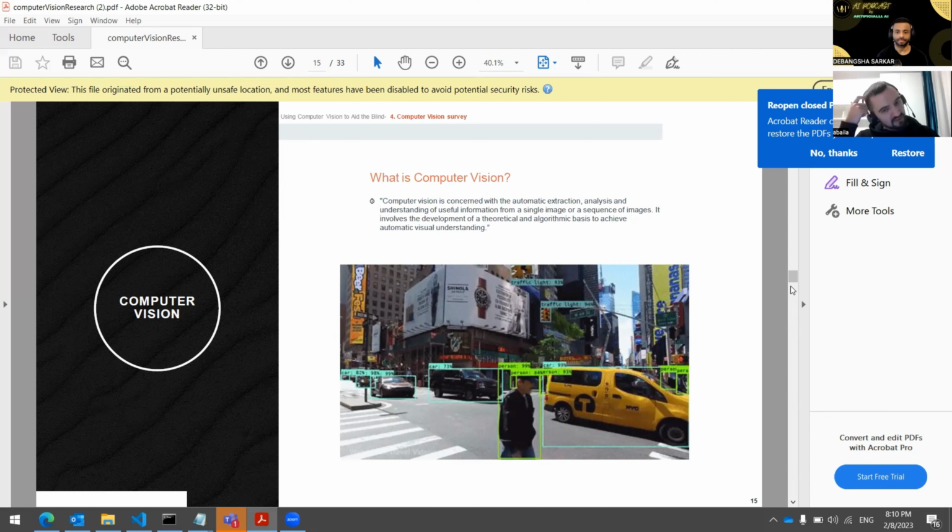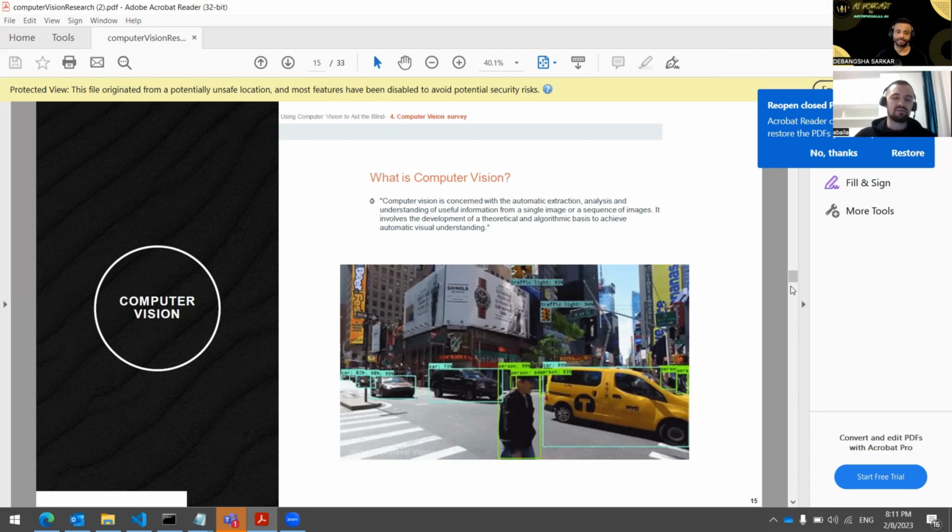So for people that are not familiar with this, this is a very broad definition of what computer vision is, and it is concerned with the automatic extraction, analysis, and understanding of the information that's coming from a single frame or a sequence of images.